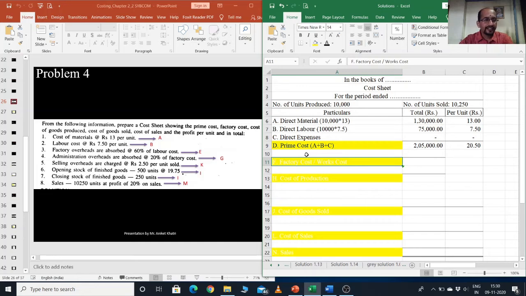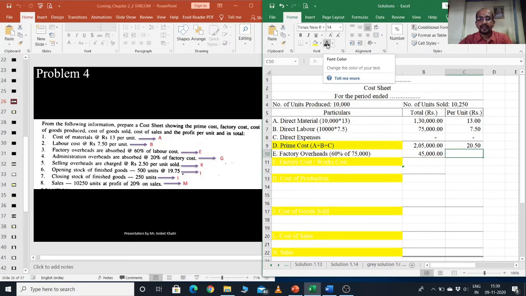Now factory overheads are absorbed at 60% of labor cost. We know the labor cost, that is 75,000. So factory overheads are 60% of this 75,000. Calculate it, and this will be 45,000. Per unit, divided by 10,000, it will be 4 rupees and 50 paise.